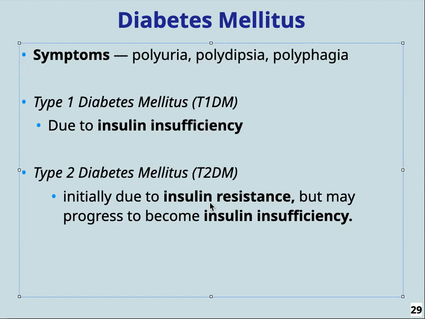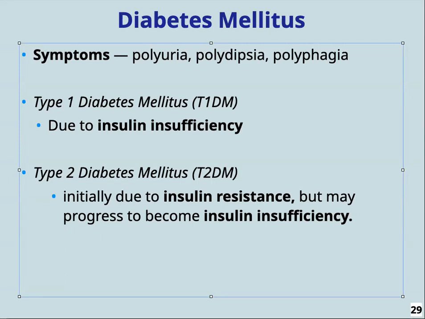Because their tissues aren't responding to insulin, that's the insulin resistance. So their pancreas ramps up the production of insulin to try to compensate for that resistance at the tissue level. But eventually, their pancreas works harder and harder, and it eventually starts to give out.